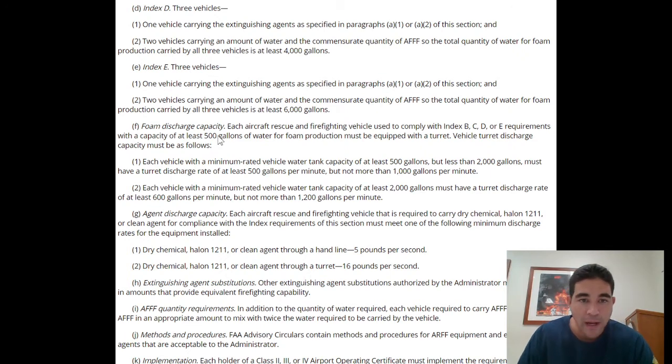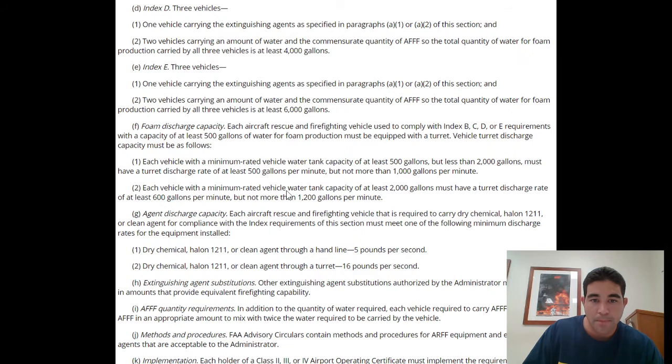Foam discharge capacity. So you need at least 500 gallons of water for foam production, and it must be equipped with a turret. That's what that's saying. So index B, C, D, or E, you need at least 500 gallons of water, and it needs to have a turret. And each vehicle with a minimum water tank capacity of 500 gallons, but less than 2,000 gallons, must have a discharge rate of 500 GPM, but not more than 1,000.